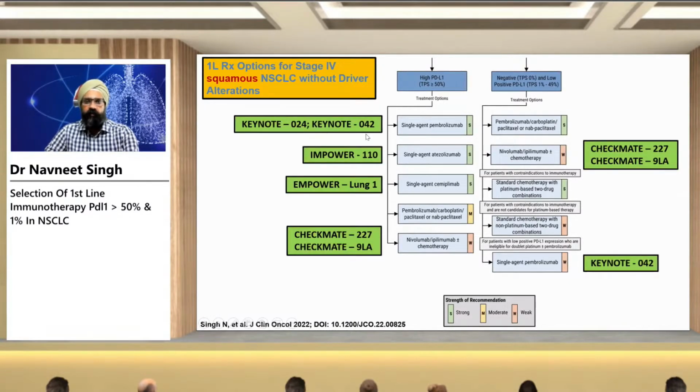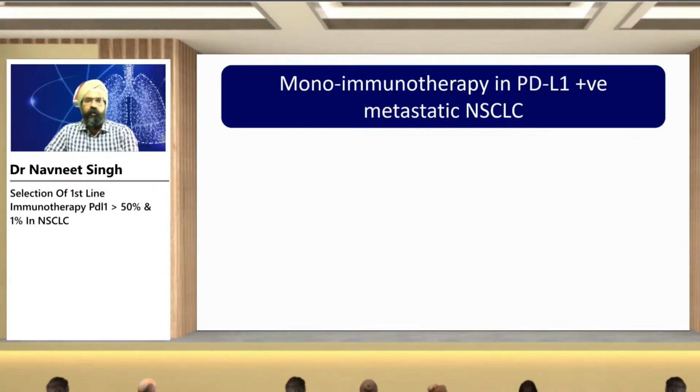These are the same options: single agent pembro, single agent atezolizumab, single agent cemiplimab, or the dual immune checkpoint inhibitor combinations. The difference is obviously that in squamous, pembrolizumab is combined with the paclitaxel or nab-paclitaxel carbo and not pemetrexed, as the latter is restricted to non-squamous histology.